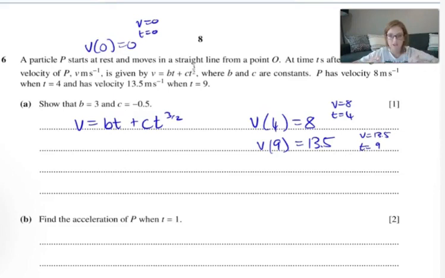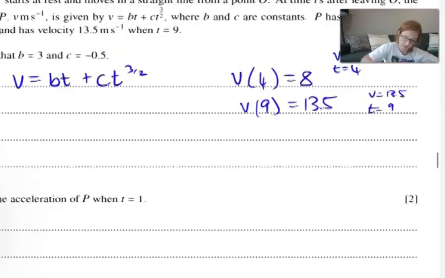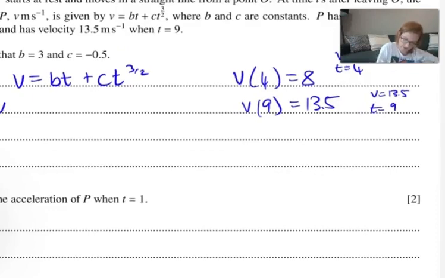Okay, so this is just plugging in values and doing simultaneous equations. I'm not going to use my 0 because if I plug 0 into this, I'm not going to have any key values. So let's just say 8 is equal to, and now I'm plugging in, 4b plus 4 to the power of 3 over 2, c.